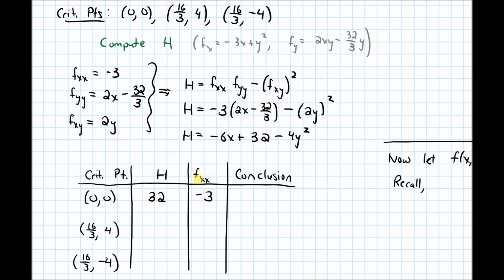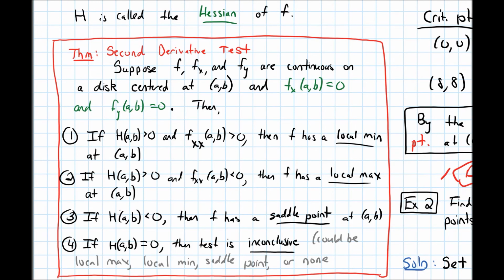And when fxx is negative here, we are going to get a local max. In fact, if I flip it back to my second derivative test, this was case 2. The H is positive, but fxx is negative, so we have a local max. All right, let's go back to our table.